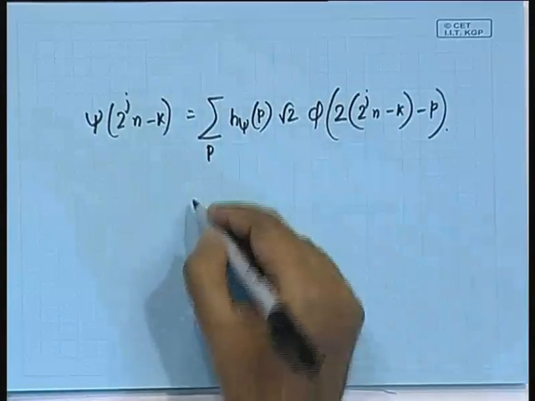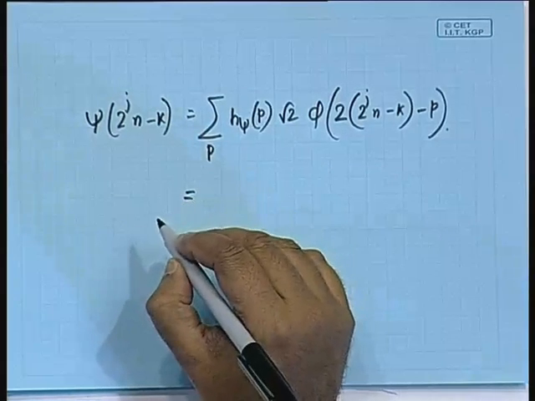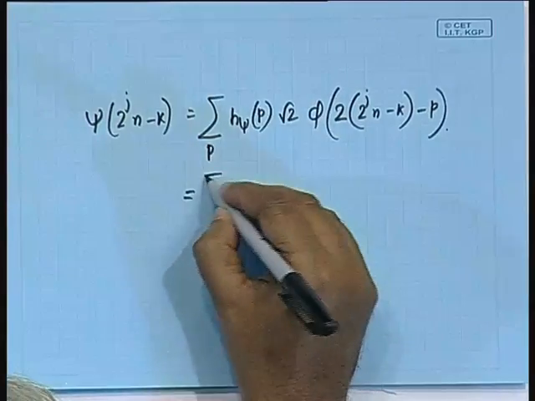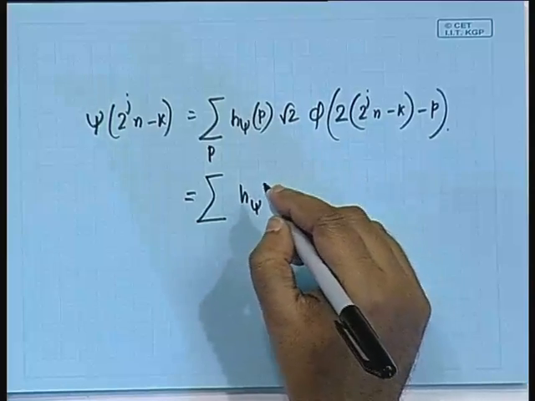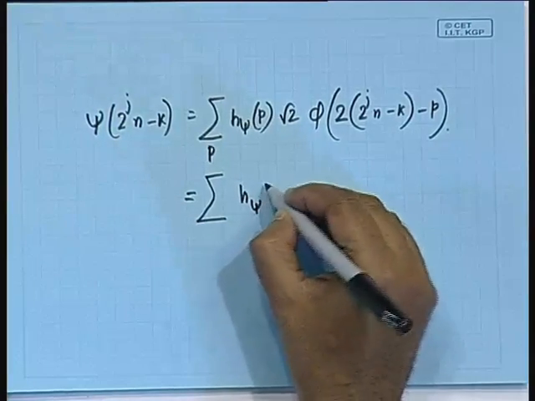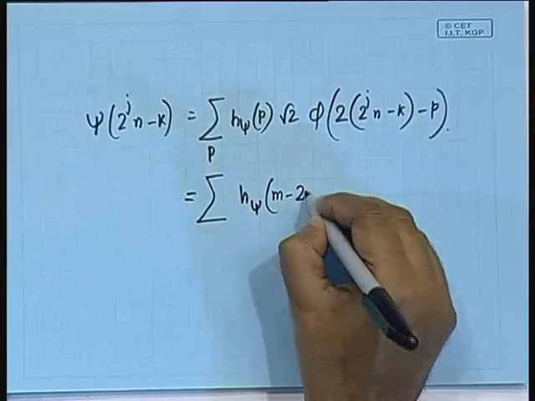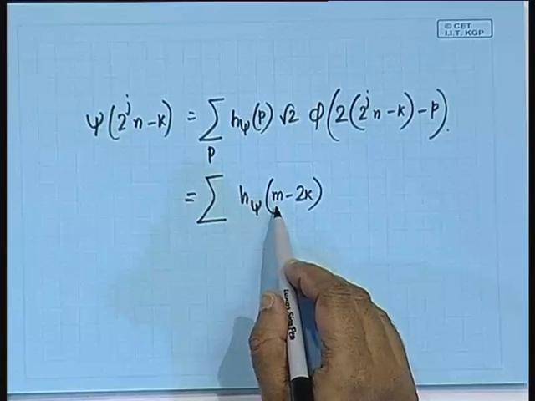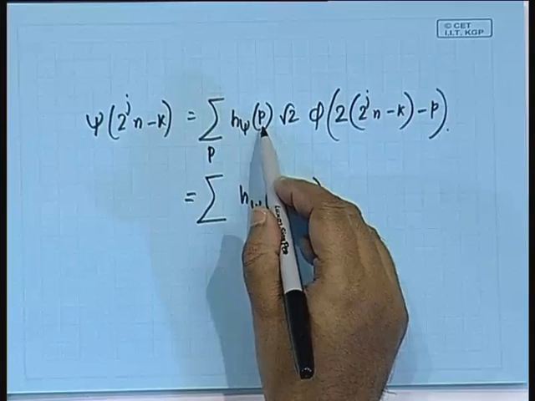Now this can be represented with a change of variable. Let us say that for h psi, this p is changed to m minus 2k. So, I introduce a new variable m, so that m minus 2k becomes equal to p.